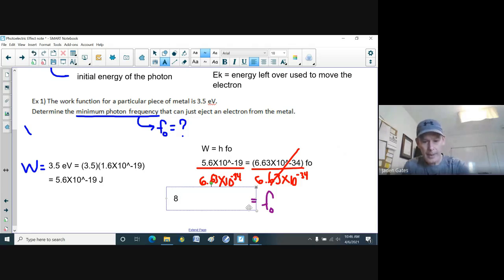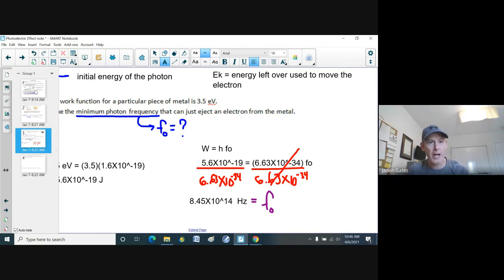I'm getting 8.45 times 10 to the power of 14. And because we're talking about frequency, which hopefully is not surprising to you from grade 11 physics, we measure it in hertz. That is 8.45 times 10 to the power of 14 hertz.